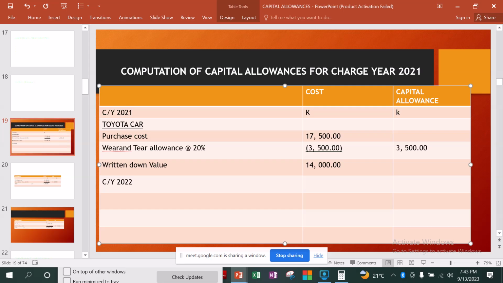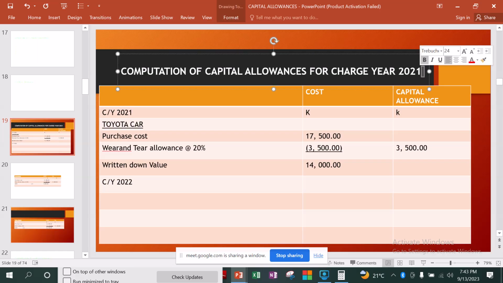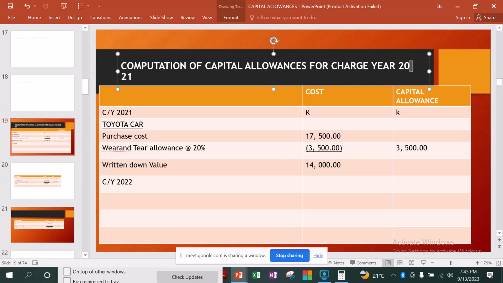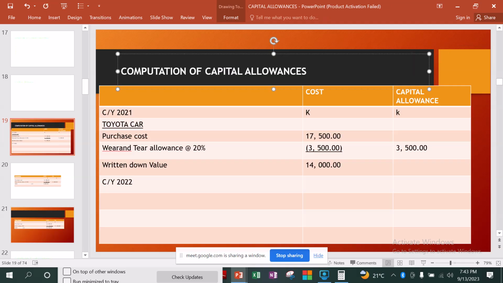What do we start with? Written down value brought forward.